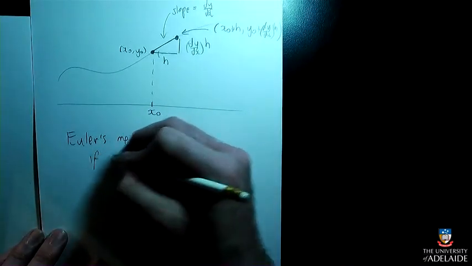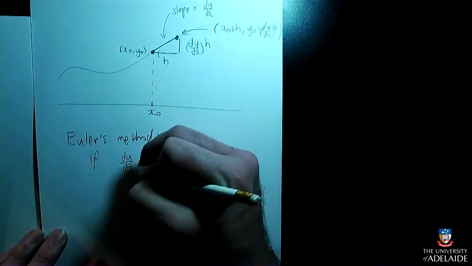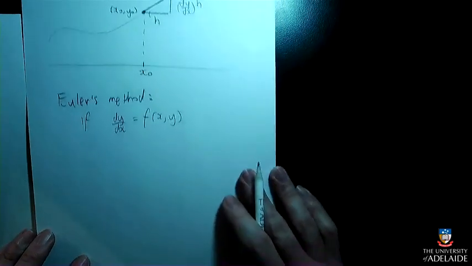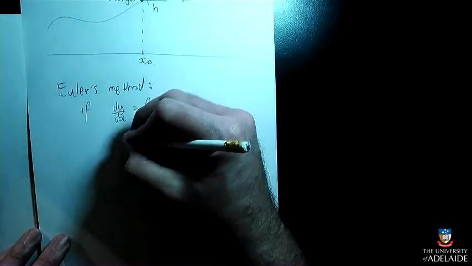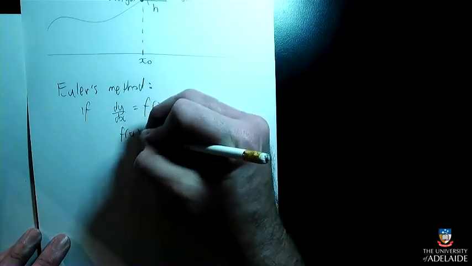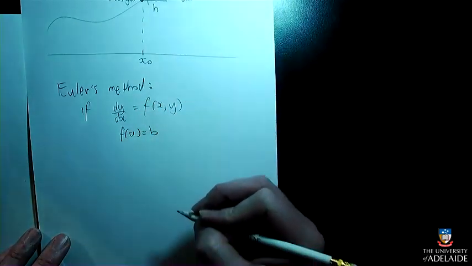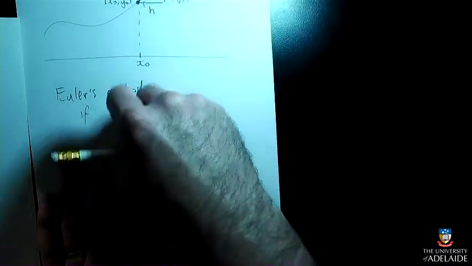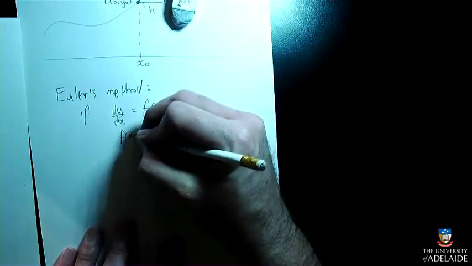So if dy on dx is a function of x and y, and f of a equals b, then, no, I don't want b. Let's just do it with the actual notation I had. f of x naught is y naught.